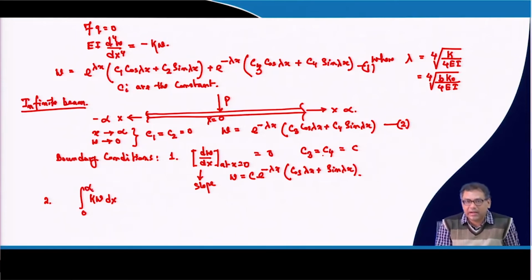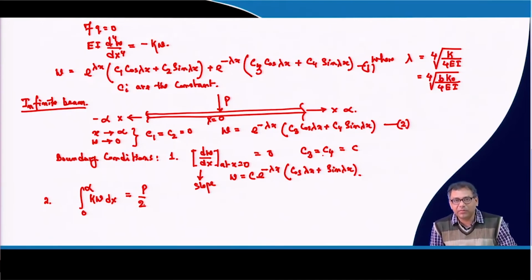If I integrate that total reaction from 0 to infinity, I will get the force that is acting from the top, but I will get not P, I will get P by 2, because there is the other half also. I have taken 0 to infinity, that is why I am taking P by 2. The other half will contribute P by 2 as well. So this lower half is taking P by 2, and the other half is taking P by 2.